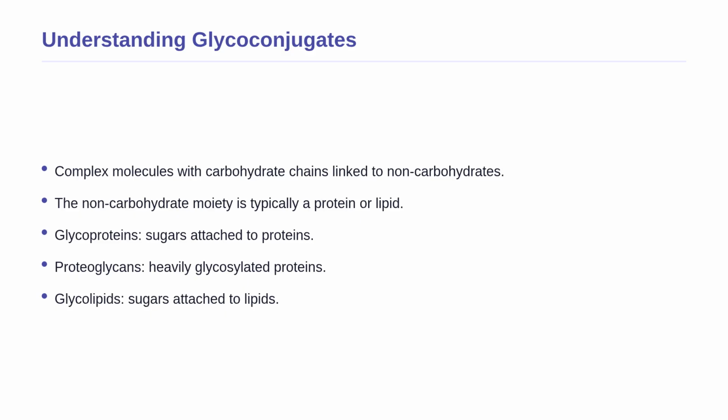First, we have glycoproteins, which are proteins with oligosaccharide chains attached. Second, we have proteoglycans, a specific subclass of heavily glycosylated proteins. Finally, we have glycolipids, where carbohydrates are attached to lipids. Each of these classes serves critical roles in cellular communication, structural support, and immune responses throughout the body.